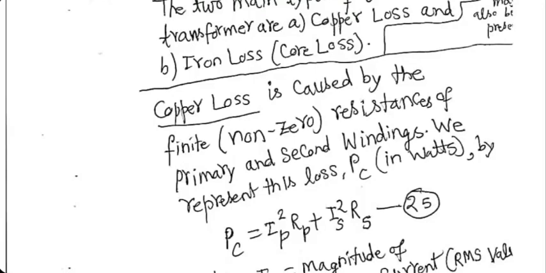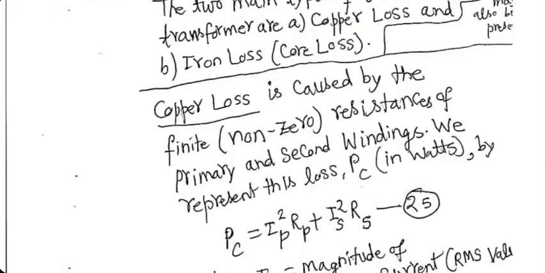It is the RMS value of primary current, which is IP, squared multiplied by primary resistance, which will be given to you, plus the RMS value of the secondary current squared multiplied by secondary resistance, which will also be given to you. The sum of the two is the total copper loss.